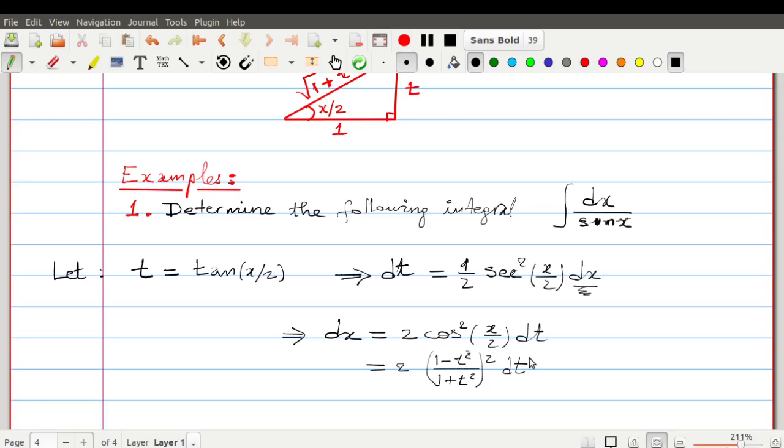Is it possible to simplify that expression? Can we simplify that further?